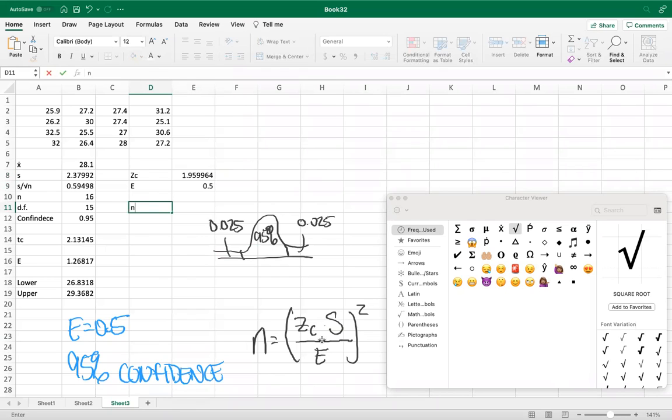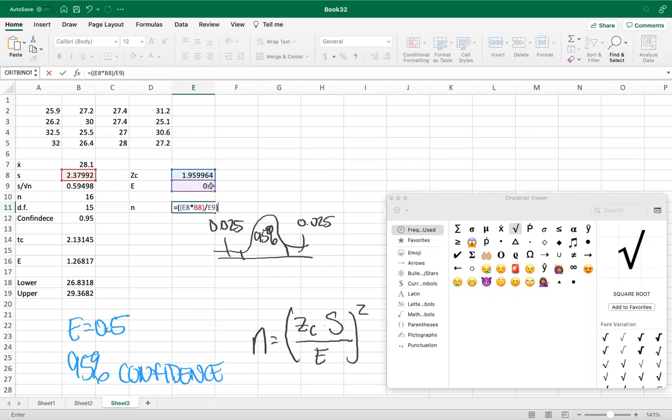So again, n is equal to, in parentheses, everything that we're going to square, but we also need parentheses for the numerator. The numerator is z sub c times our standard deviation, which was already given to us here, close parentheses for the numerator, divided by E, our denominator.